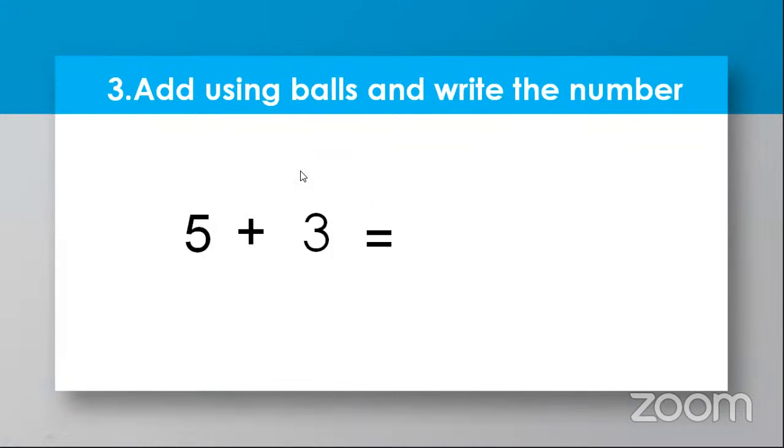So we are still adding using balls, and we are on number 3, and number 3 says add using balls and write the number. So someone tell me, how many balls are we going to draw for number 5?